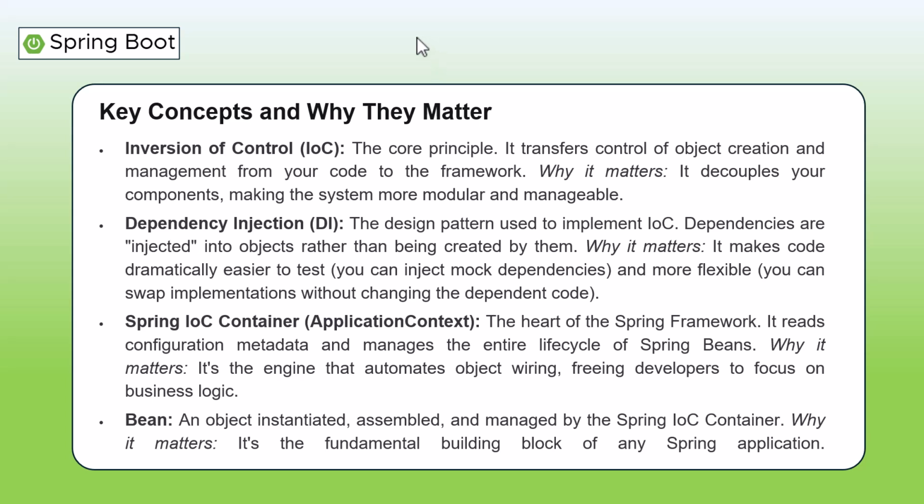It's like building with Legos. Instead of manufacturing each brick yourself, you just declare, I need a 2x4 red brick here, and the Lego system, the container, provides it for you. This makes your components loosely coupled. They don't need to know how to create their dependencies, only what they are.